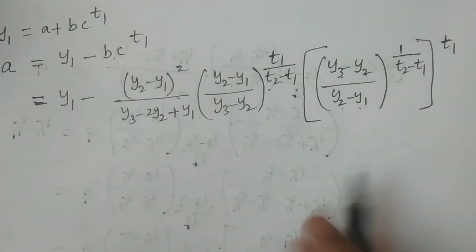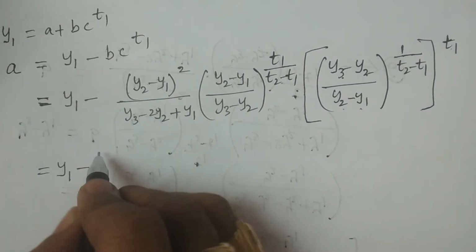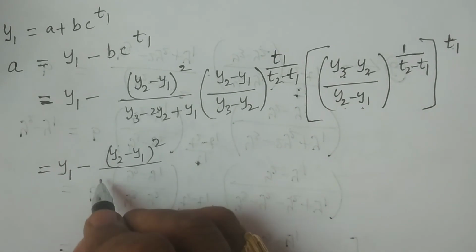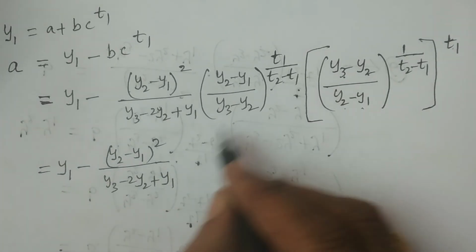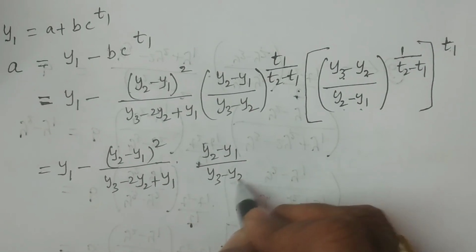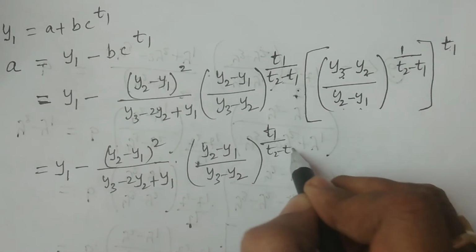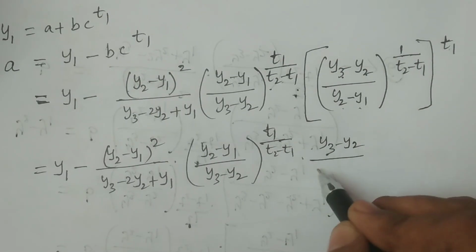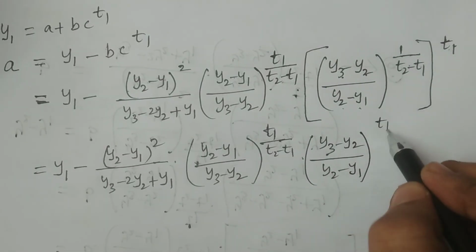I'll write one more step so that you can understand. It is equivalent to y1 minus y2 minus y1 whole square divided by y3 minus 2y2 plus y1, multiplied by this term y2 minus y1 by y3 minus y2, the whole power t1 by t2 minus t1, and this is another term y3 minus y2 divided by y2 minus y1, the whole power t1 by t2 minus t1.